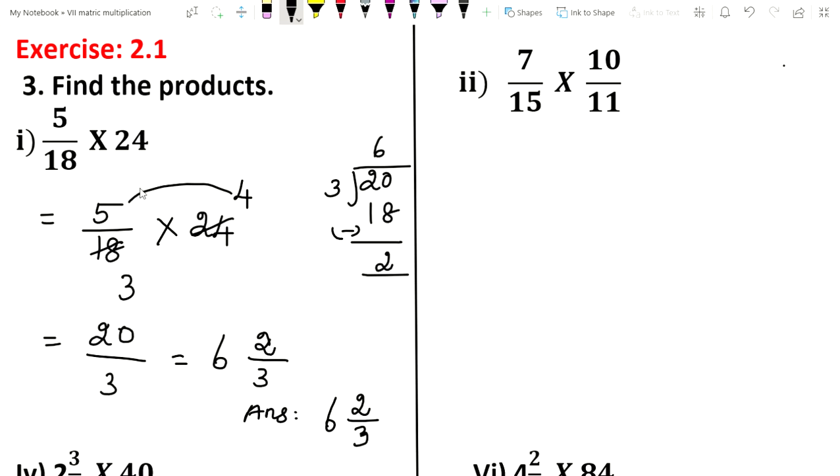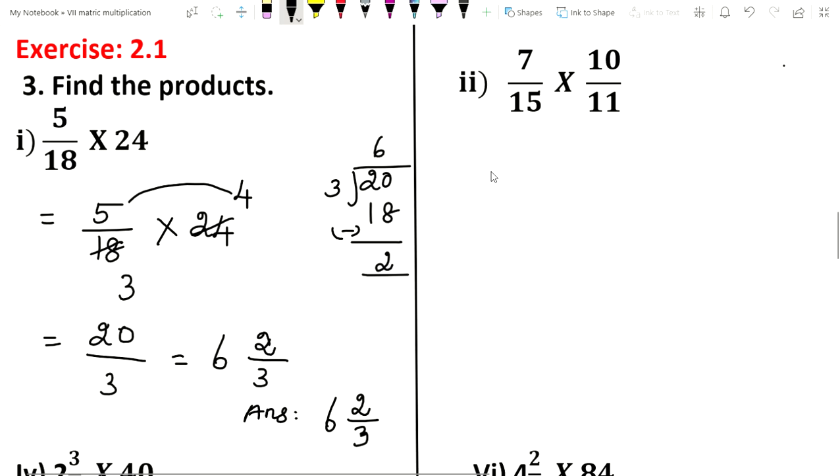After that, we are multiplying the numerators. Numerator with the numerator. Denominator with the denominator. So 5 4s are 20, divided by 3. Okay. So we should give the answer in mixed fraction. So 20 divided by 3, you get 6 2 by 3. Okay, children, do you understand? So I move on to the next question.